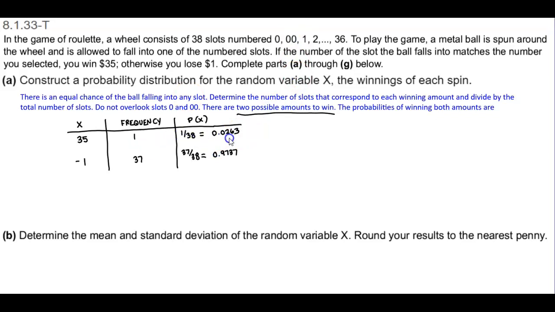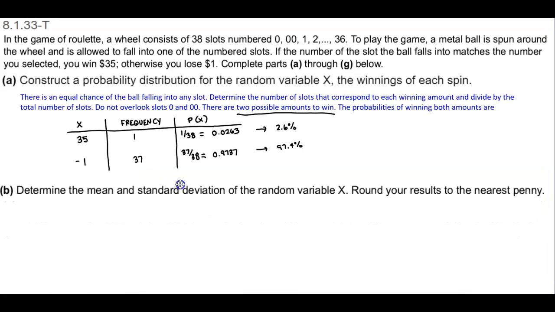That means if you put this as a percentage, you have approximately a 2.6% chance of winning. And over here, you have a 97.4% chance of losing. Okay, so therefore, this is our probability distribution for the random variable x.